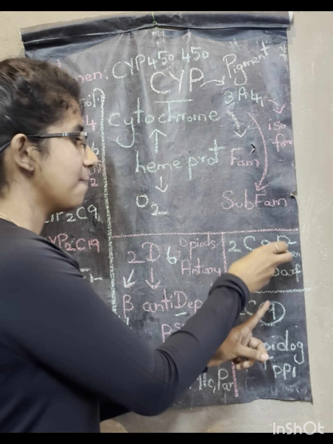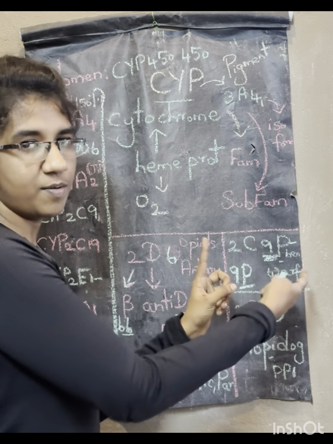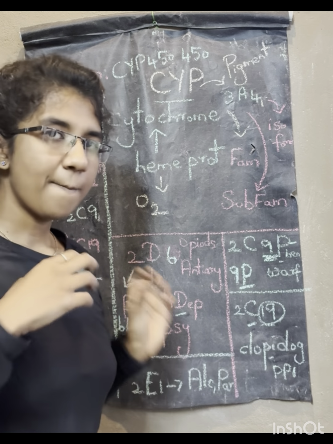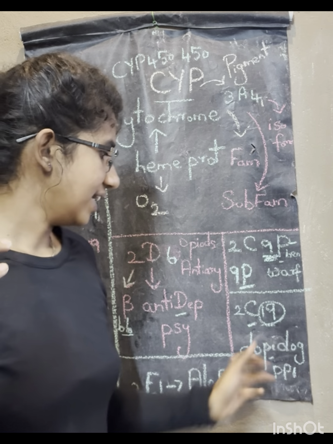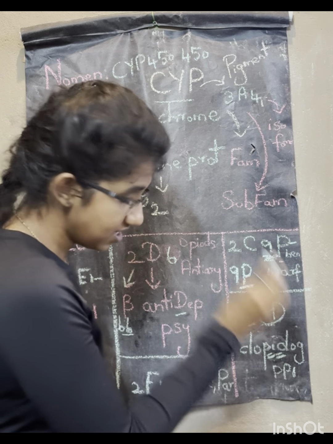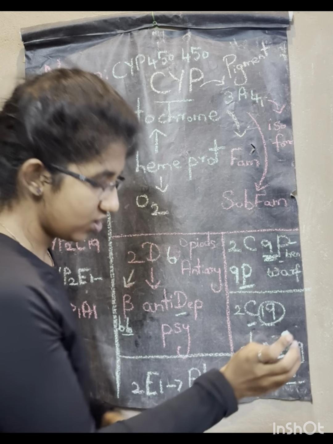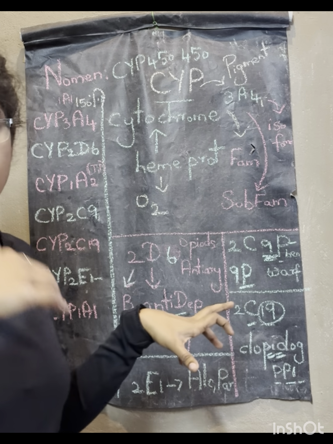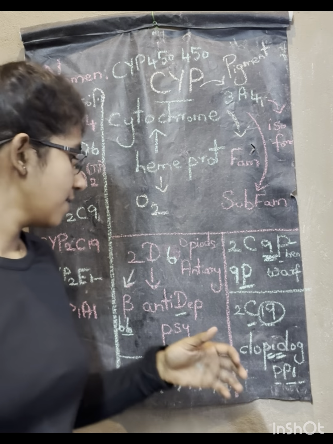For simply 9 you remember P; for C19, clopidogrel, a big name. In clopidogrel, P is coming, I is coming, right? So PPI, that is proton pump inhibitors. It is also very important because it has a lot of applications.